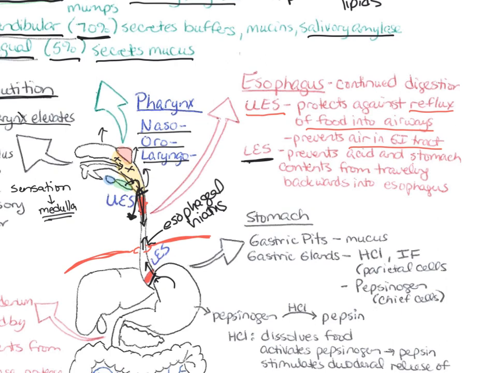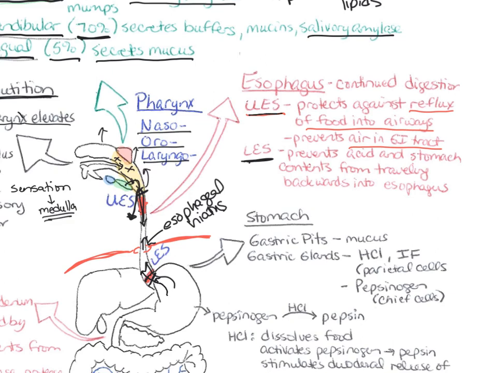Sometimes what we see in people that have reflux is that the acids have destroyed the lower esophageal sphincter, and then the acids move up into the esophagus, leading to heartburn and acid reflux and potential for esophageal cancer.